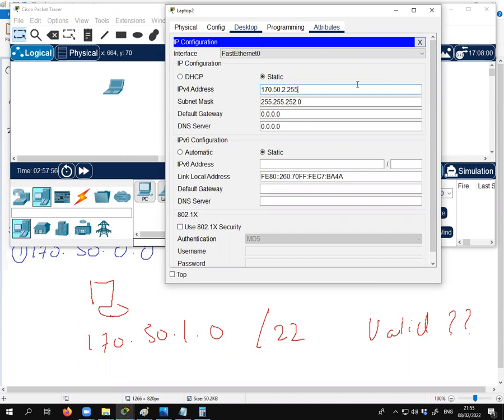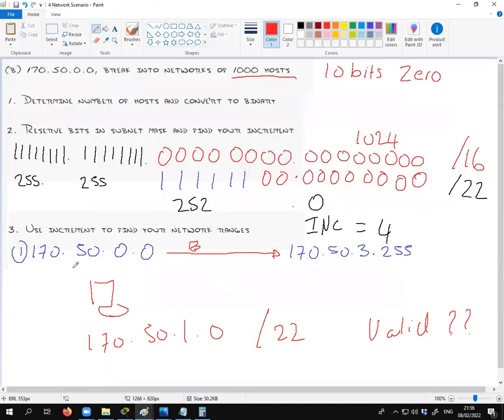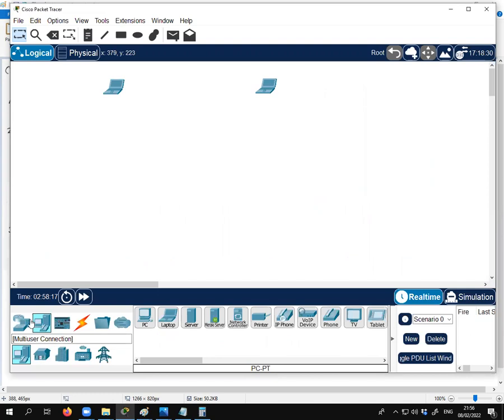Now that looks like a broadcast address, doesn't it? But it's not, because it's not the very first one. It's somewhere in the middle. These two devices would be able to ping each other. Just get a switch.